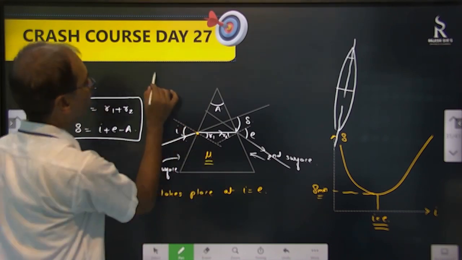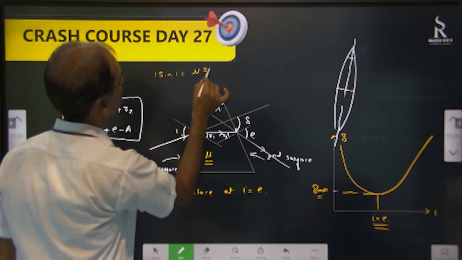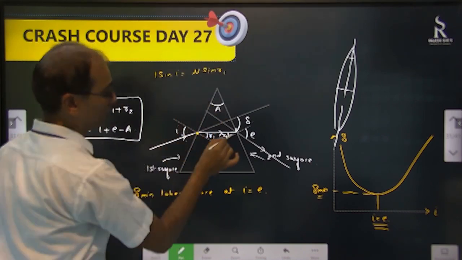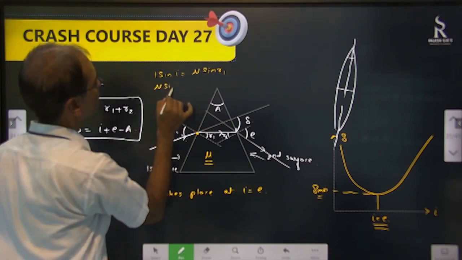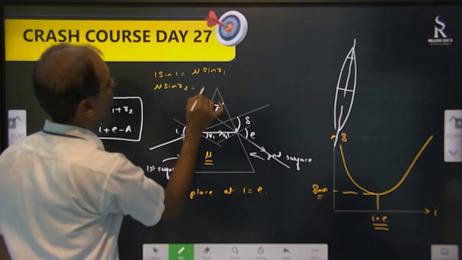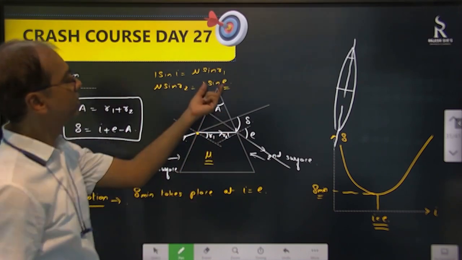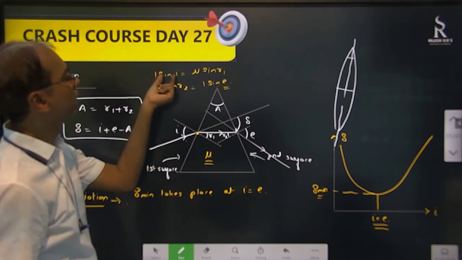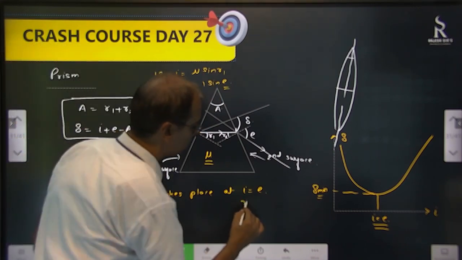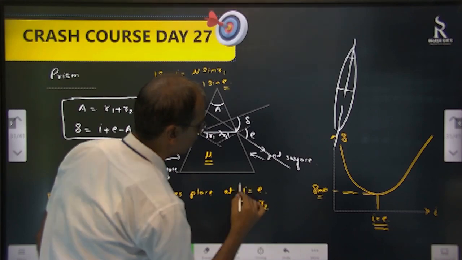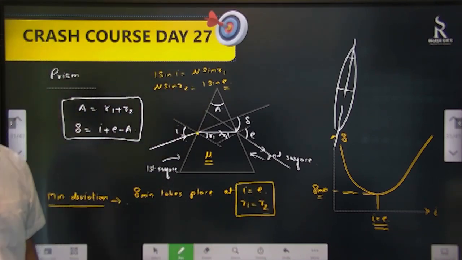So we will write here 1 sin I equal to mu sin R1. And when we write it over here, it is mu sin R2 equal to 1 sin E. So we are saying 1 sin E and 1 sin I are equal, then it will be R1 equal to R2. So when we are talking about minimum deviation, I is equal to E and R1 equal to R2.